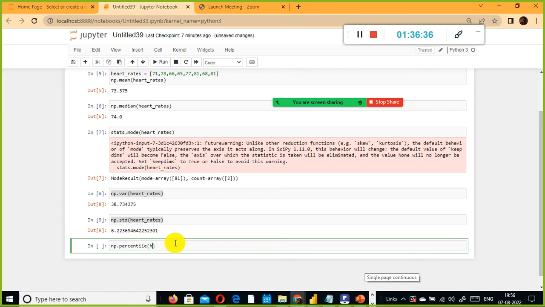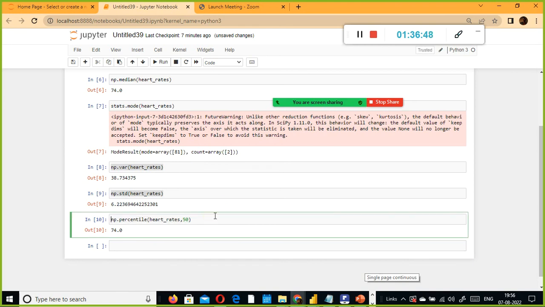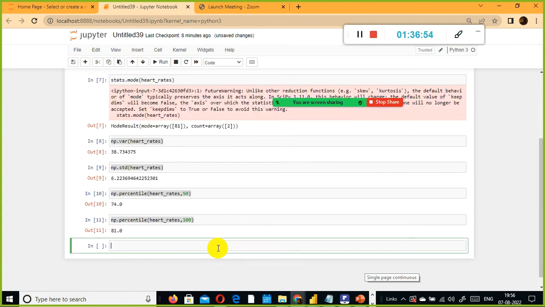And if you want to see the value at the 100th percentile, you specify 100, or whatever value you want. The 81 is this one. So percentile, standard deviation, variance, median, mean, everything you can find out with the help of np.